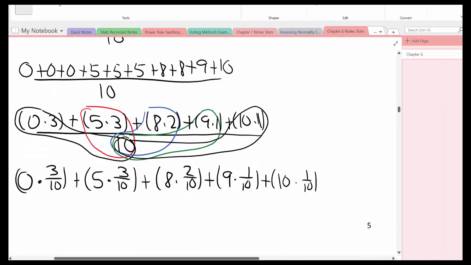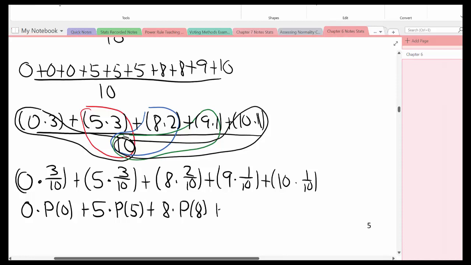So what does this give me? It's the 0 times what? The probability that you'll randomly select a quiz score of 0, plus 5 times the probability of selecting a quiz score of 5, plus 8 times the probability you will select an 8. And I can do this for 9, and I can do this for 10.